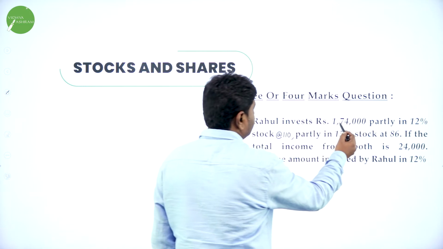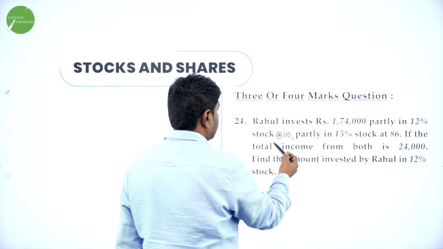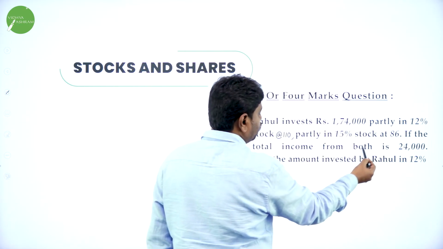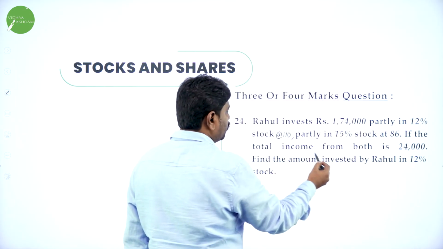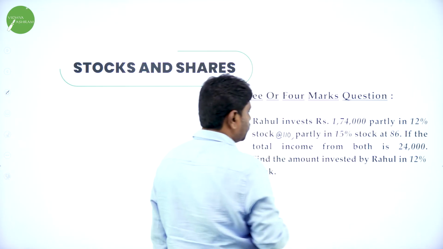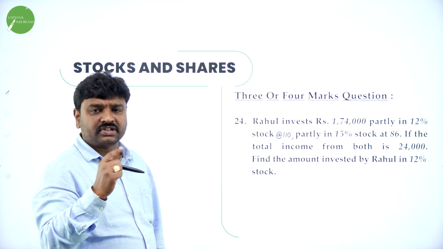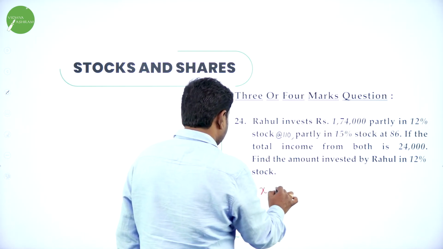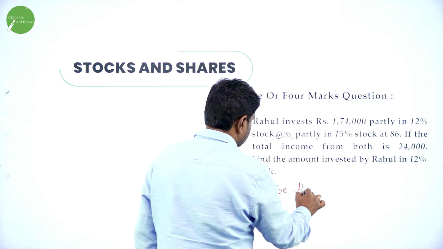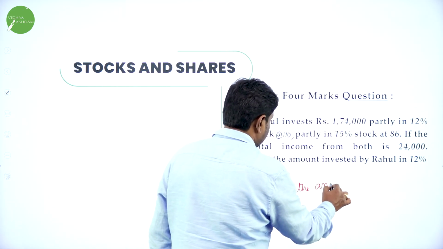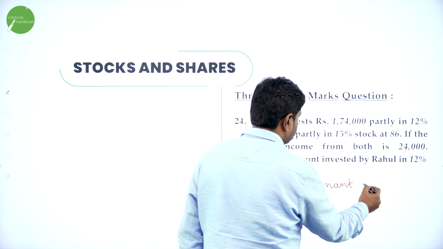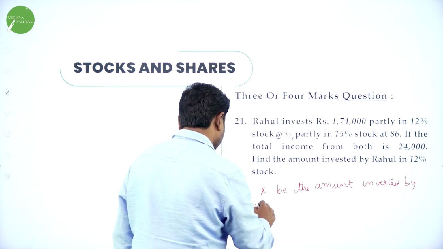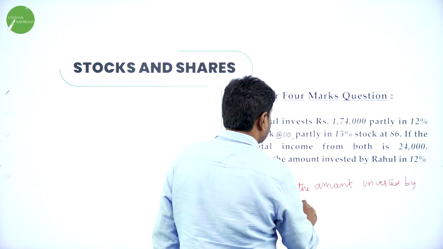Rahul invests 1,74,000 partly in 12% stock at 110, partly in 15% stock at 86. If the total income from both is 24,000, find the amount invested by Rahul in 12% stock. So they are asking how much he invested in the first case. Let X be the amount invested by Rahul in 12% stock.